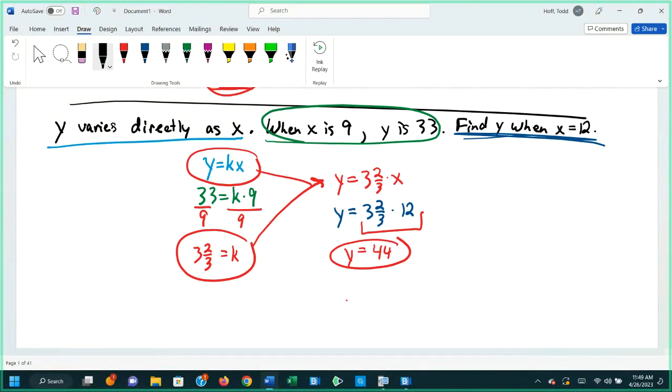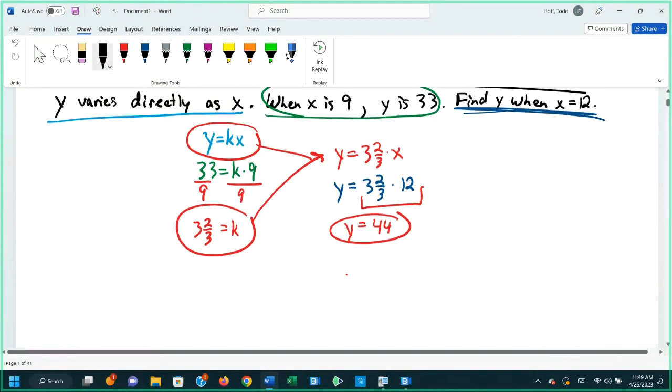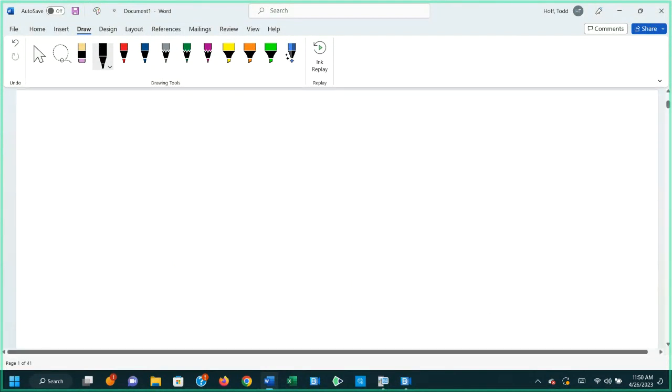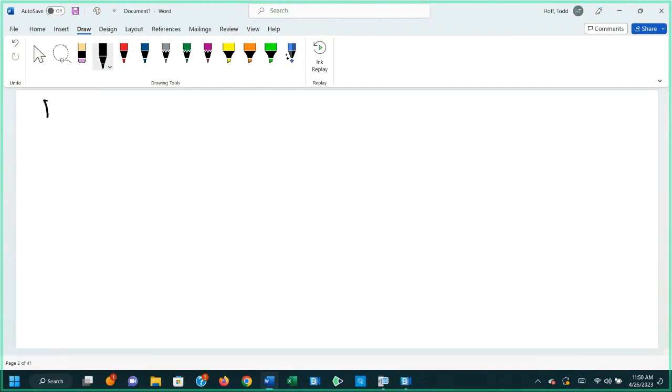So why do we care? What purpose does it serve for us to have this direct variation? Well, there are a lot of things in science, engineering, and definitely in medicine that are directly related. Let's look at a dosage based on weight.